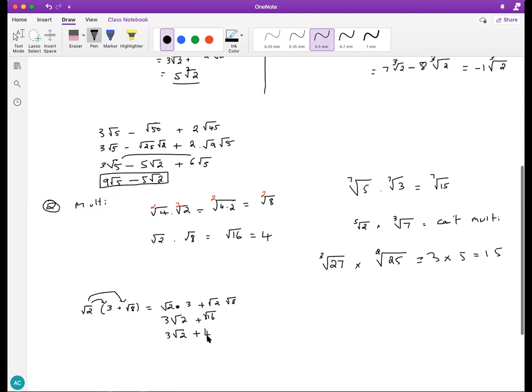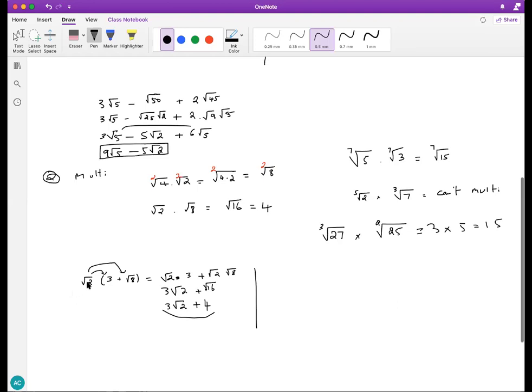These cannot add unless you had, for example, radical 2 here. Then you can add 3 and 4. But in this case, this one is a radical, this one is not. They're different. So just like adding 3x plus 4, this doesn't add up. This expression stays like this. Same thing with radicals. So there's not much we can do here. We just leave that like that.